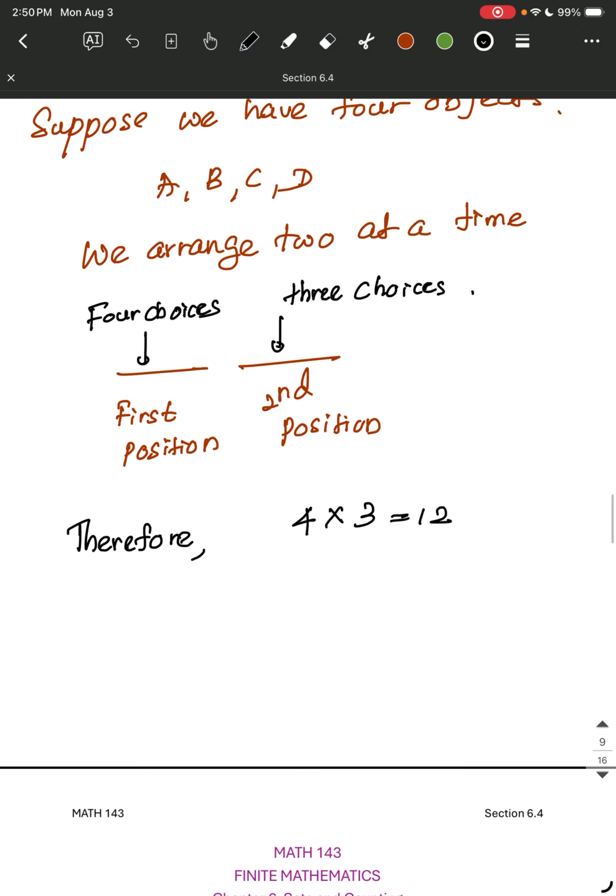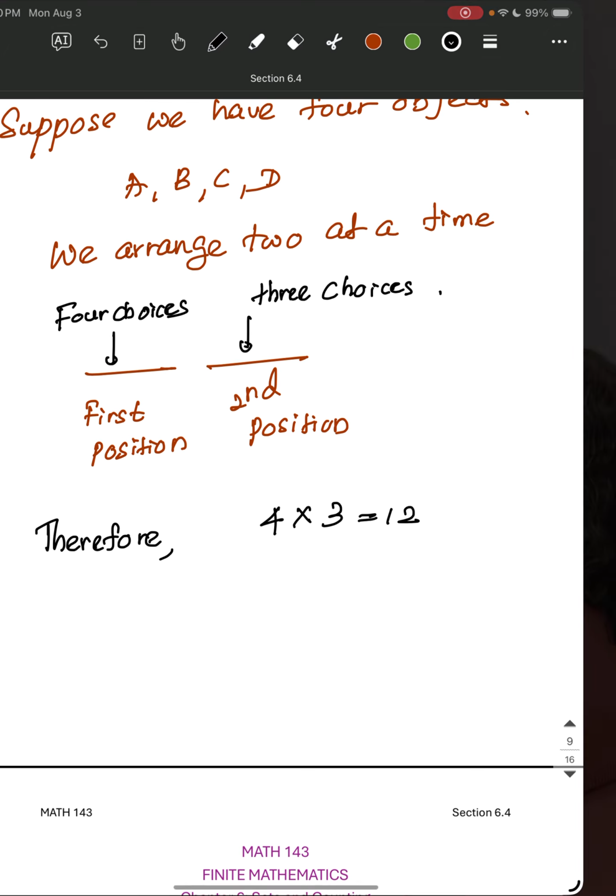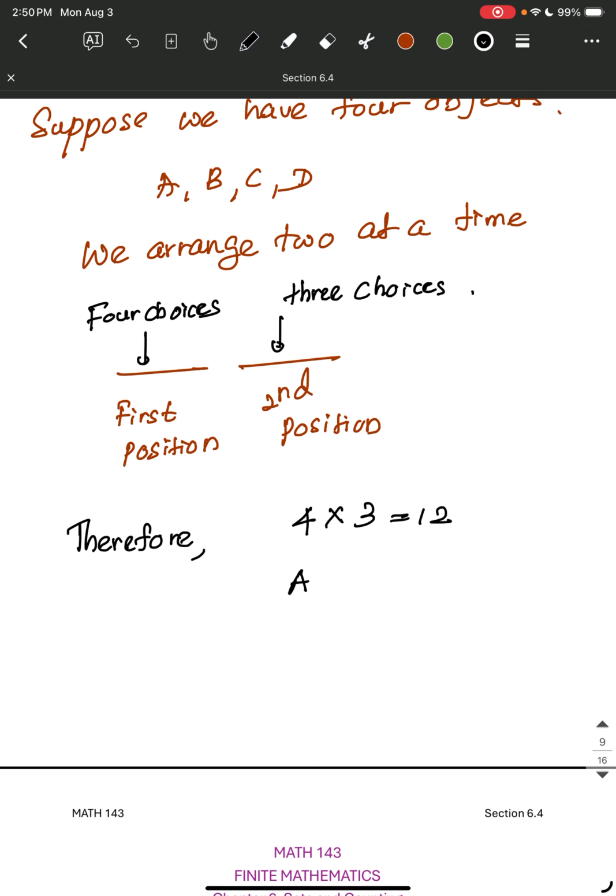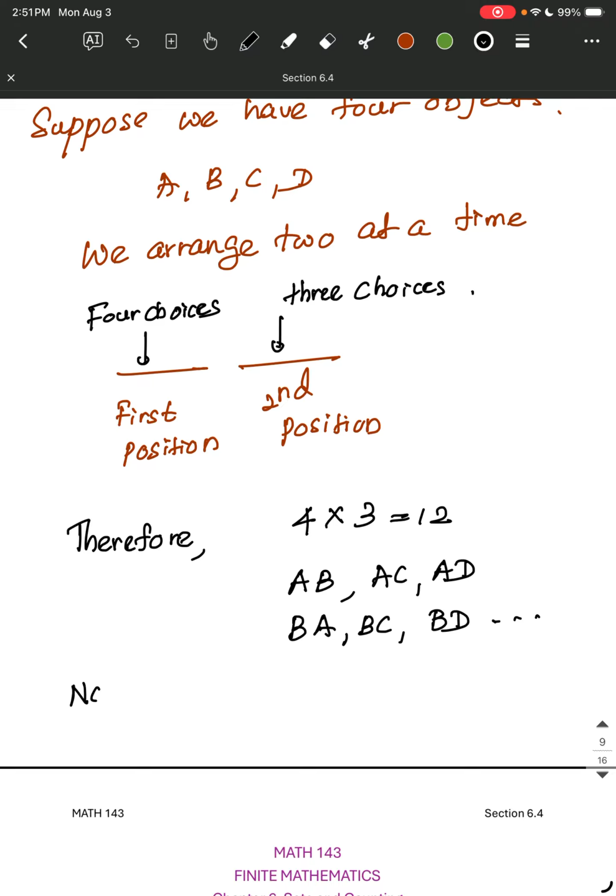The outcomes include, let's say, AB, AC, AD, also BA, BC, BD, and so on. Notice that AB does not equal BA. That confirms that order matters.